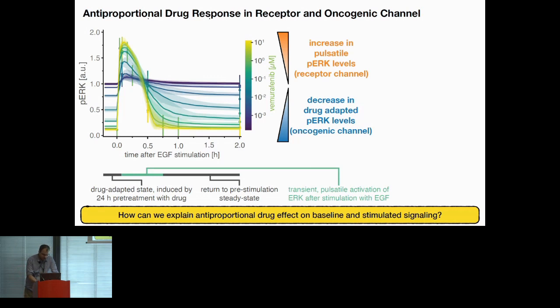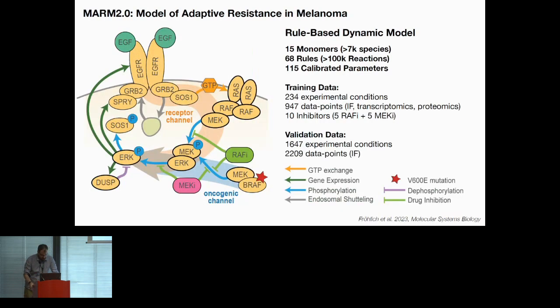And in order to explain this, we decided to build a mathematical model of the signal transduction pathway. And this is recapitulated in this sketch on the left. What you see is that we effectively describe receptor signaling from the EGFR receptor that goes through adapter proteins and second messenger proteins, and after activation induces dimerization of RAF.